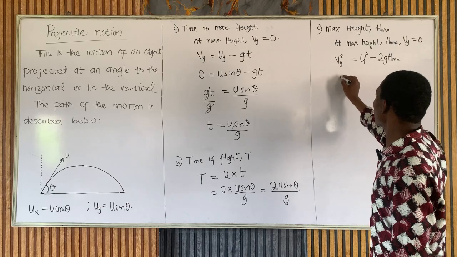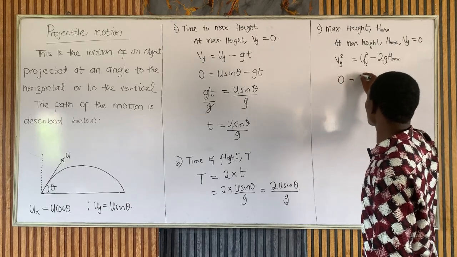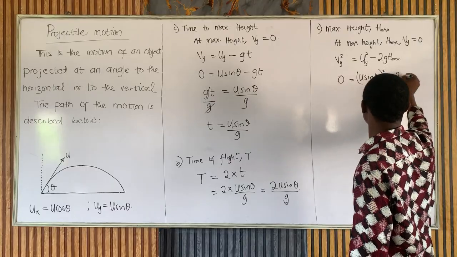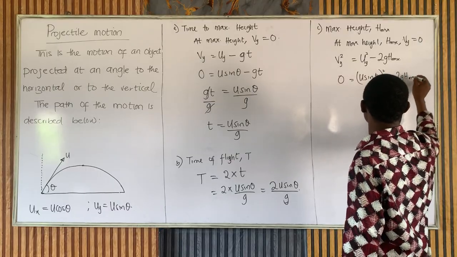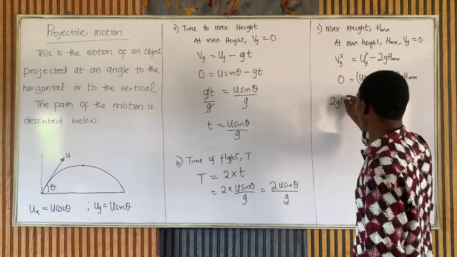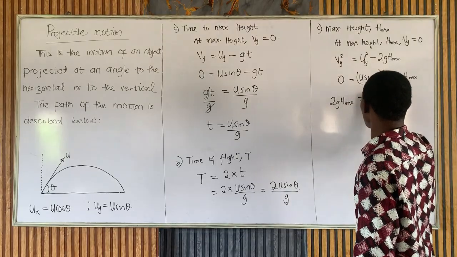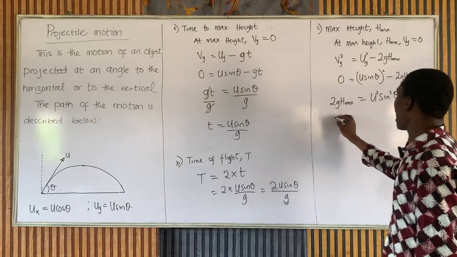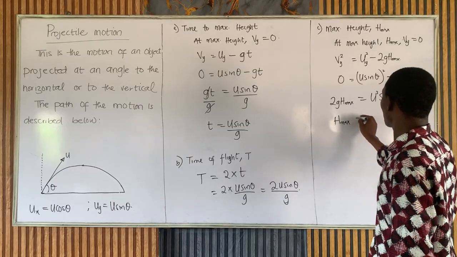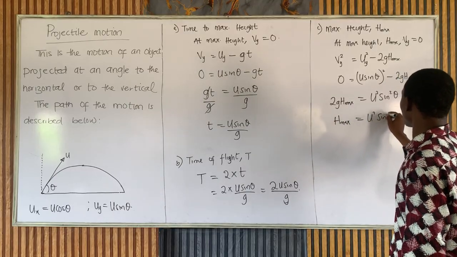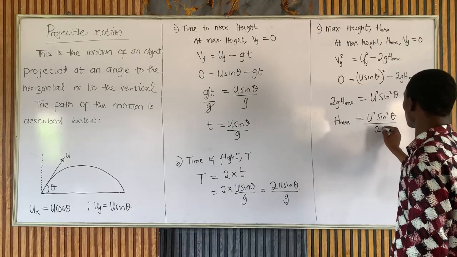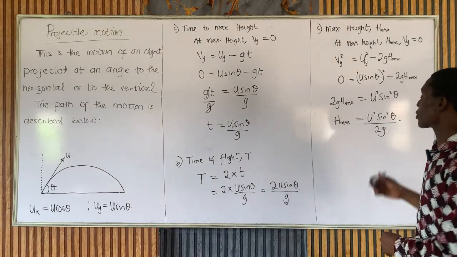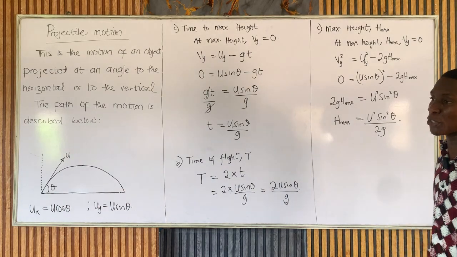Since V is 0 and U is Uy, which is u sin theta, we have 0 equals (u sin theta) all squared minus 2gH max. Bringing this across gives 2gH max equal to u squared sin squared theta. And H max becomes u squared sin squared theta over 2g, dividing both sides by 2g. And so this is the H max, and that's what we have for projectile.